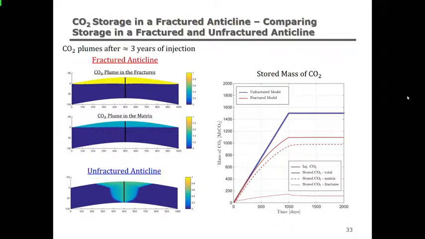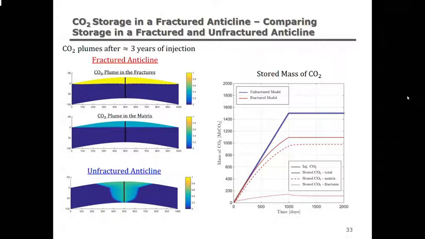And what we see here is the mass of CO2 in our system, illustrated over time. We see in blue the unfractured model. We inject for 1,000 days and stop injecting then.